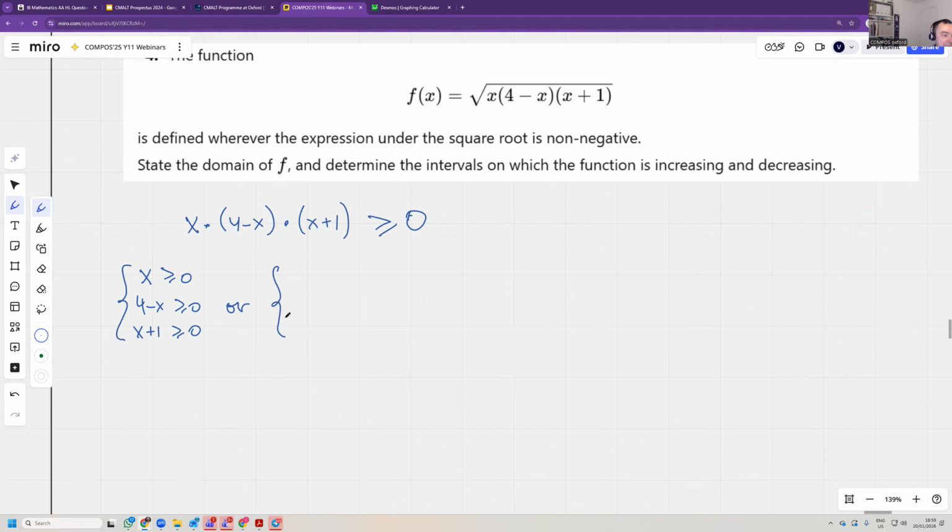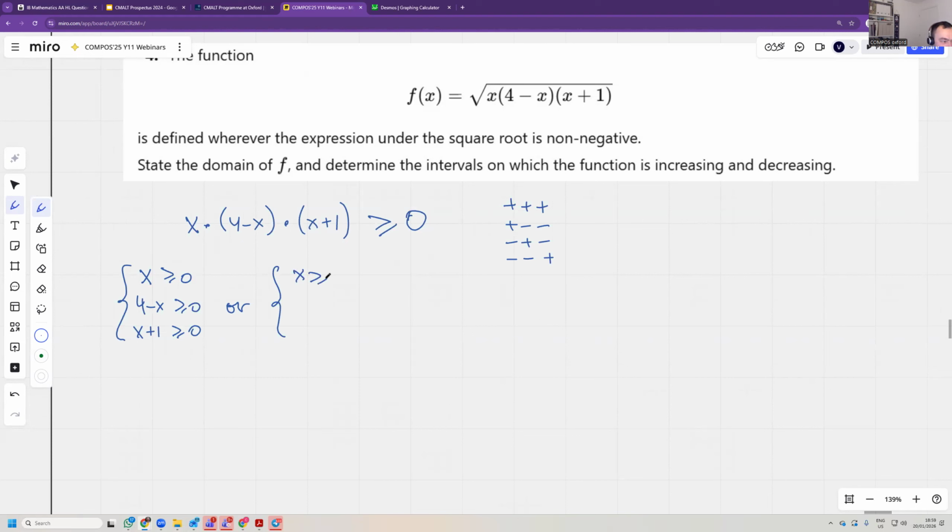Exactly, any two can be negative, right? Because we can only have a situation where it's plus plus plus, plus minus minus, minus plus minus, and minus minus plus. So there are 4 possibilities.